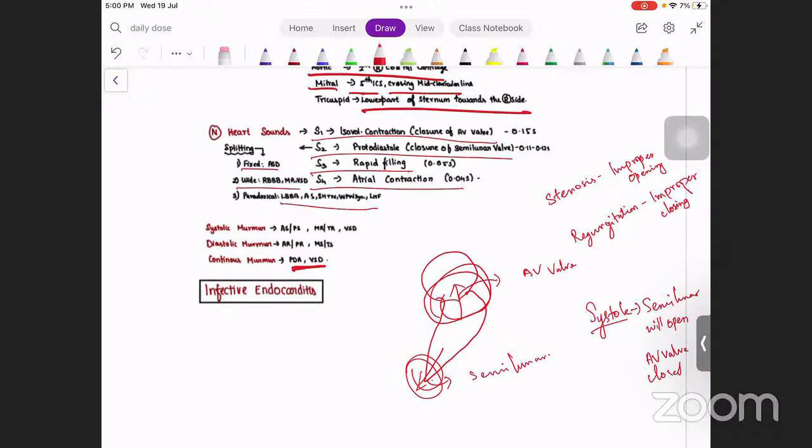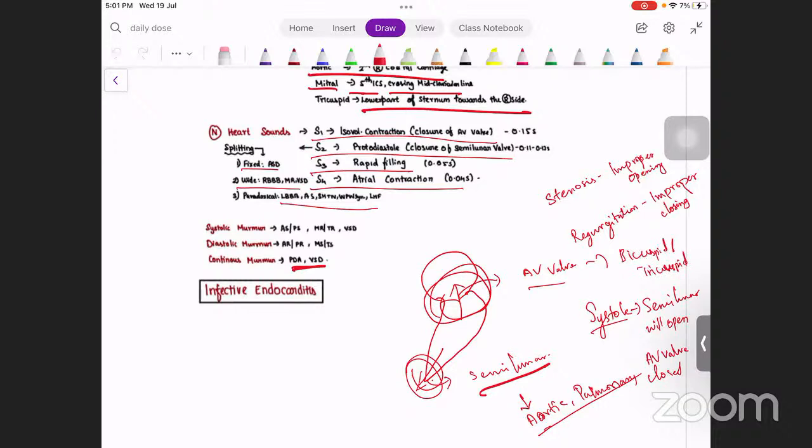The semilunar valves are your aortic and pulmonary valves, while your AV valves are the bicuspid and tricuspid valves. Yes or no? So speaking about that, what type of systolic murmur could result?